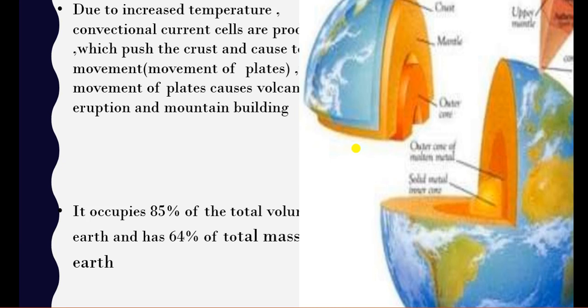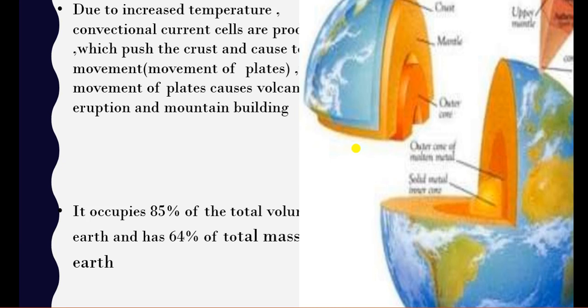That's what happens within the earth in the upper mantle, the asthenosphere. It is like boiling there, boiling of molten material, and that molten material, when it boils, pushes the upper lying crust.